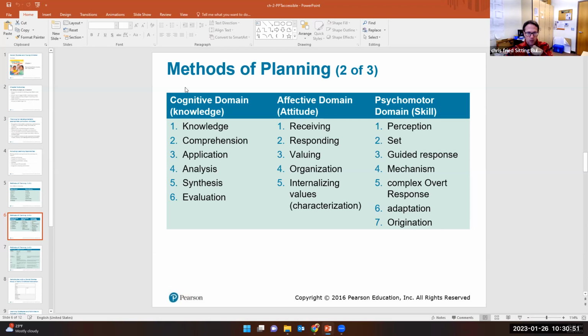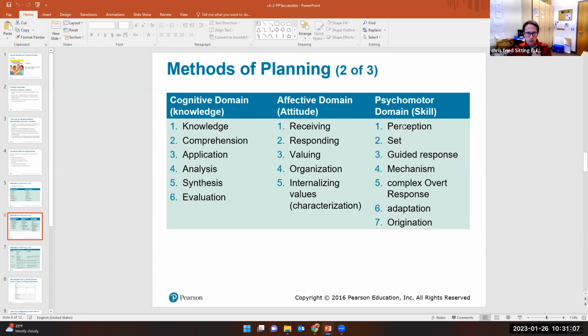Okay, so we have the cognitive, the affective, and then lastly we have the psychomotor domain, which is skills, right? Things that we might do physically, responses that we might have physically.